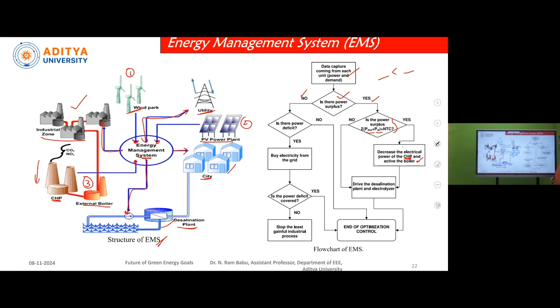After that, if there is any excess amount of energy, we will be driving that energy to the desalination plant, that is, drive this energy to the desalination electrolyzer. Next, we'll again come back here. If the amount of energy generated is not more, then we can directly give this energy to the desalination plant. From here, we will be going to the optimization technique. Okay, this is for the yes path.